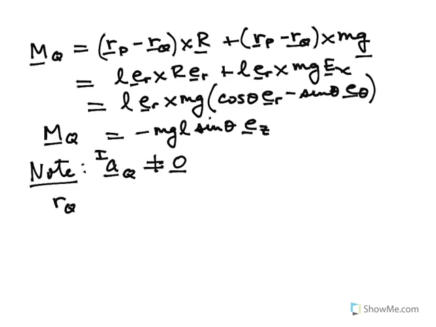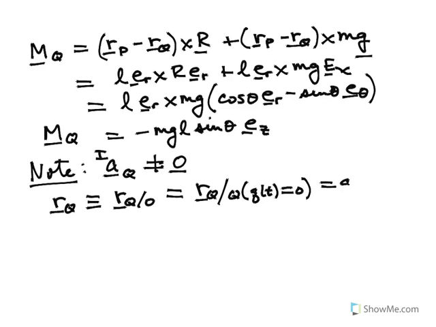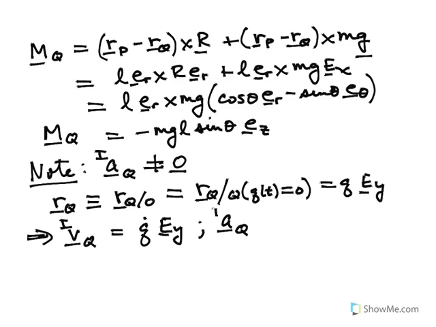Well, the position of Q, the same thing as the position of Q relative to O, which I'll remind everybody is relative to where Q was when t is equal to 0, is equal to q times Ey. So the velocity of point Q in the inertial frame is q dot Ey, and the acceleration of point Q in the inertial frame is q double dot times Ey.